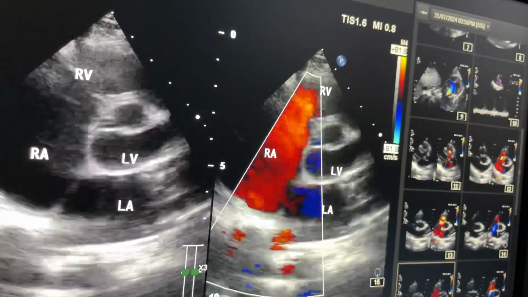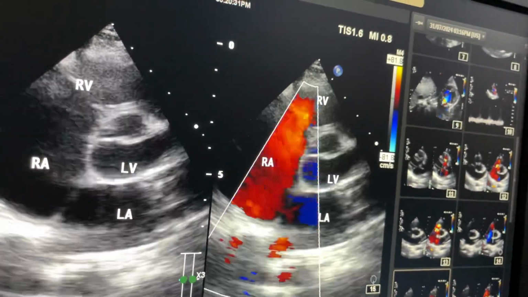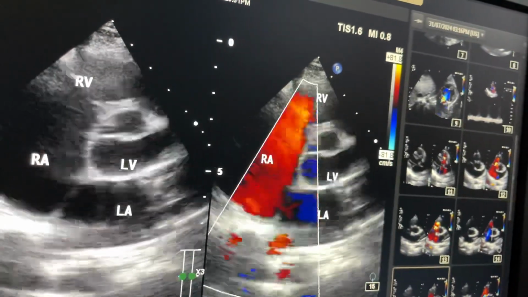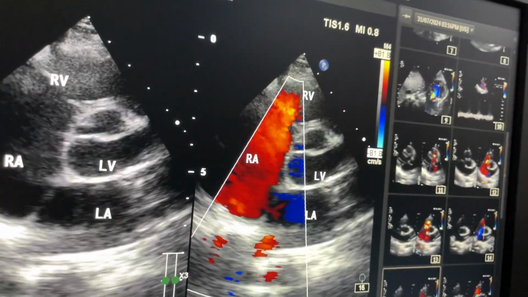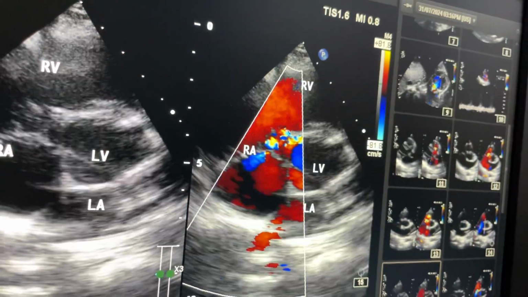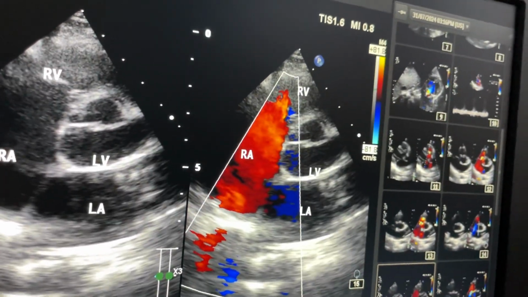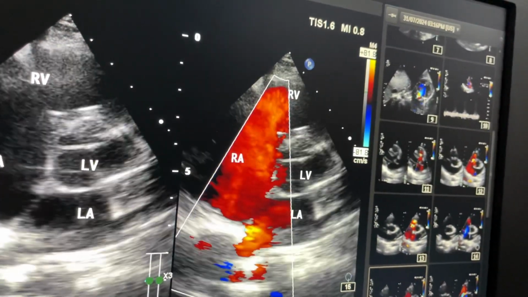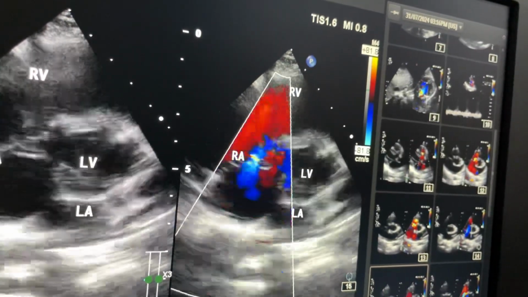Flow is only during systole, not during the diastole. You can see flow, no flow, flow, no flow, flow, no flow. It means flow is only during systole, not during diastole.